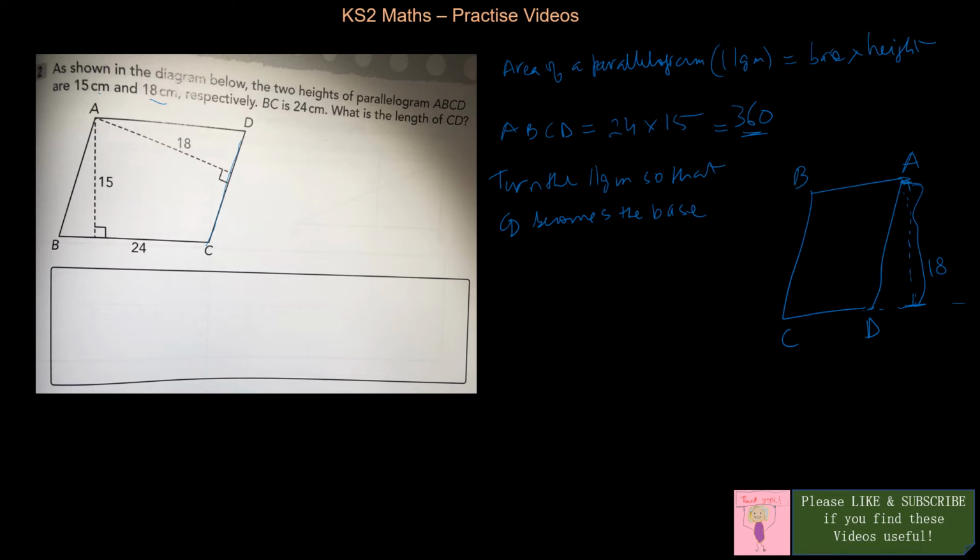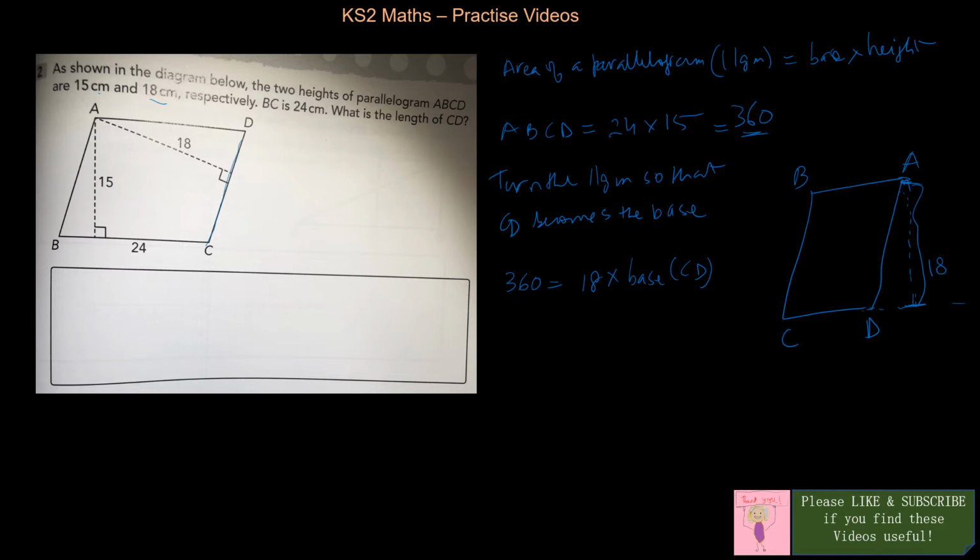So 360 equals base times height. Now they've given us 18 times base, which is CD.